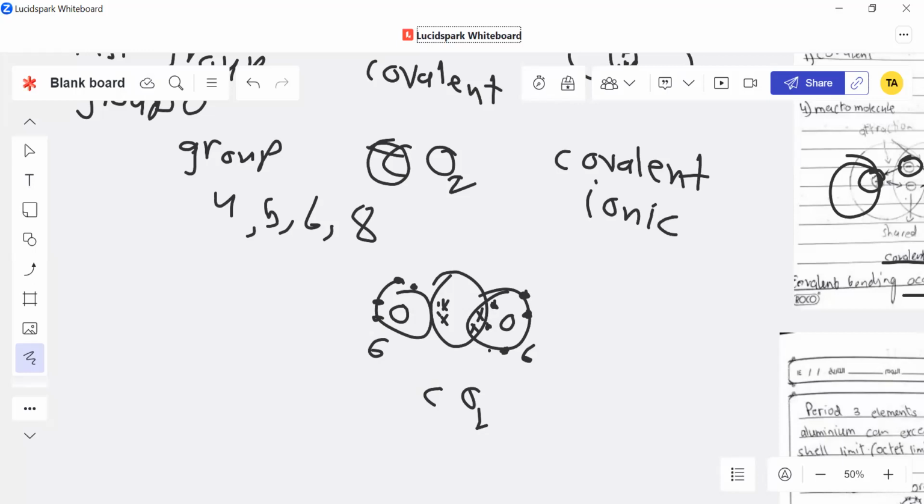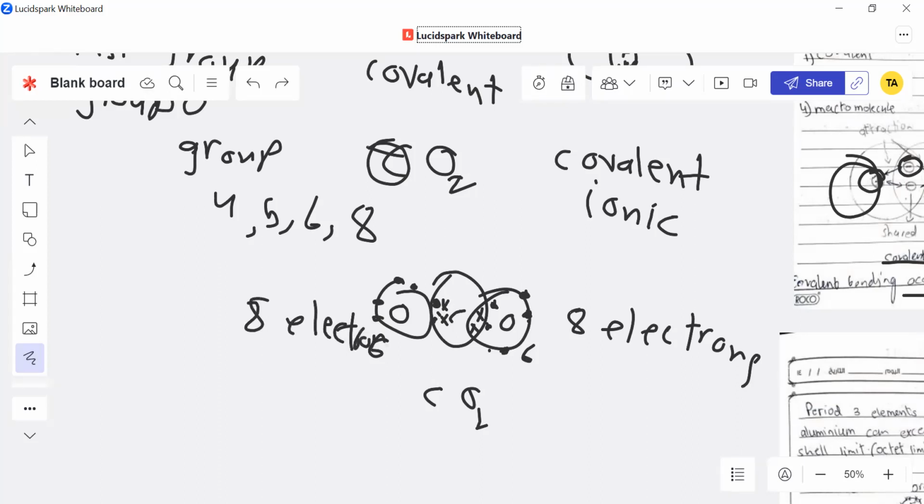And then 2 of the electrons are shared by the carbon atom. So in total, oxygen will now have 1, 2, 3, 4, 5, 6, plus the 2 electrons from the carbon atom. So the right oxygen will have 8 electrons. Whereas this side, 1, 2, 3, 4, 5, 6, plus the 2 electrons from the carbon, will also have 8 electrons.